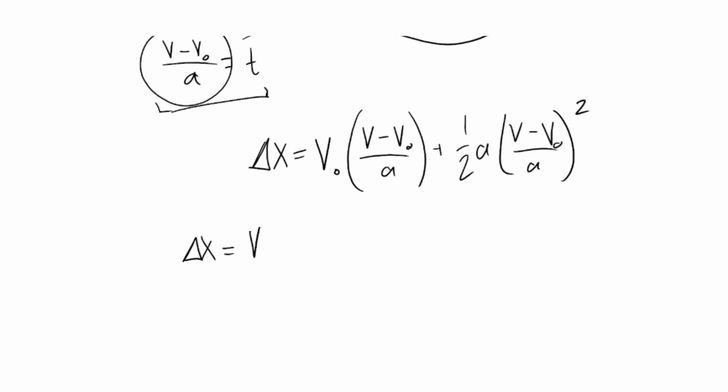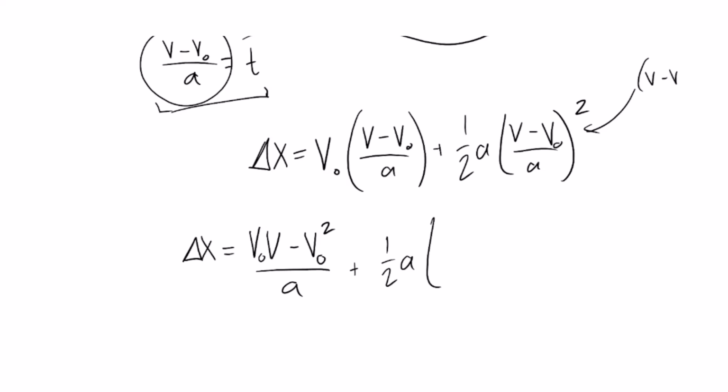So that would be v minus v naught squared, because we distribute in, over a plus 1/2 a. This is going to have to be FOILed, so this top of the equation would be v minus v naught squared, which is v minus v naught times v minus v naught.